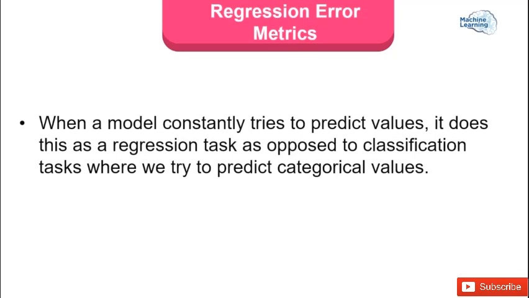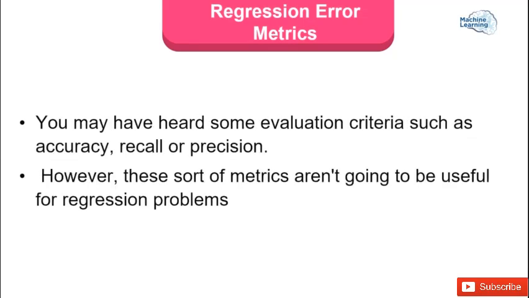Therefore, as we just said, you may have heard some evaluation criteria such as accuracy, recall, or precision. Well, these sort of metrics aren't going to be very useful for regression problems. So it doesn't really make sense to calculate the accuracy or recall of a regression task because you're not classifying things. Instead, you're predicting a continuous value.